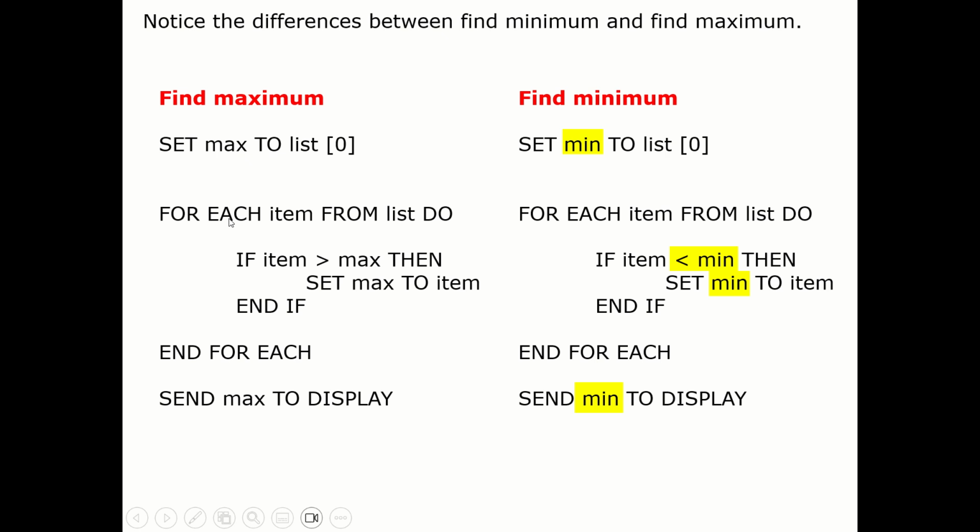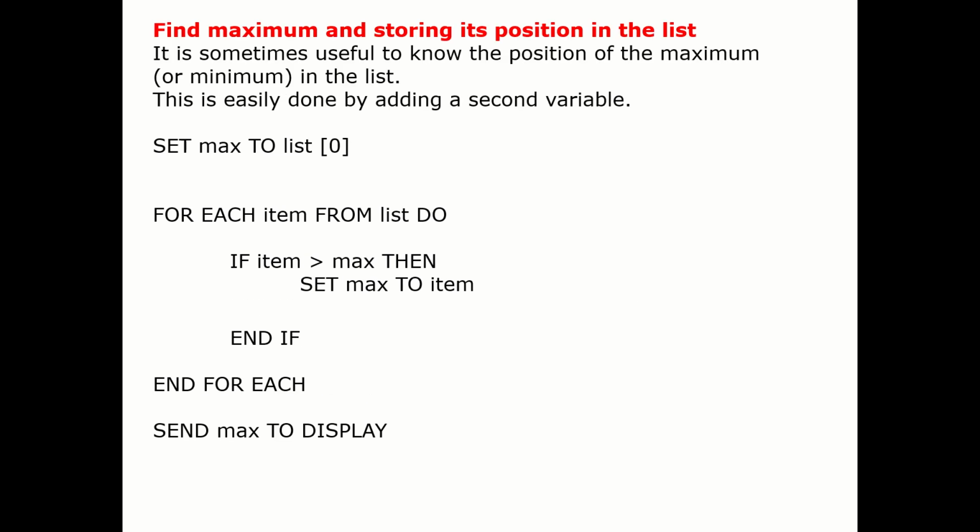However, here is a particularly useful algorithm. A slight adaptation of it is finding the position of the highest number in the list. So you might want to, rather than say the highest number is 4,000, keep track of where that is. So 4,000 is the 13th thing in the list.